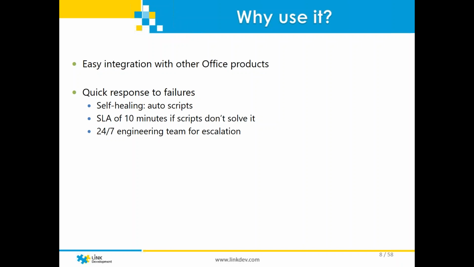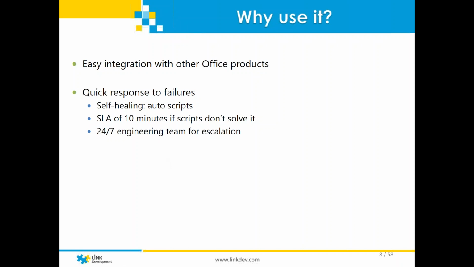So what happens when something fails? In on-premise, you can reset the server. But in CRM Online, you can't access anything. Everything is closed to you. All you have is the UI, the web application itself. You don't have any control over the server. So what happens is that first, if something fails, there are monitoring scripts which try to run well-known fixes.